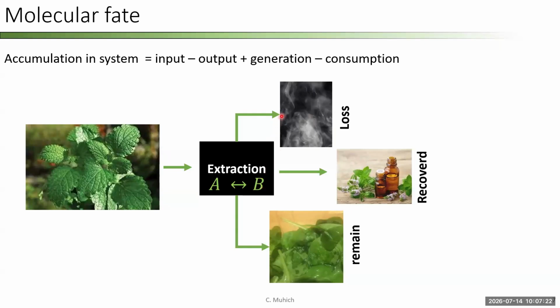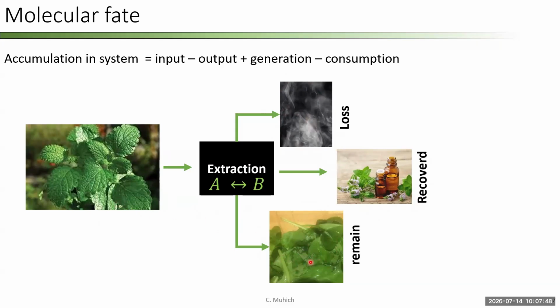And then we have sort of three outputs that we will be dealing with. One being, how much we've recovered in our final product, how much is lost, usually in terms of volatilization, so turning into a gas and being lost to the atmosphere, and then how much of our interested materials remain within that plant matter.